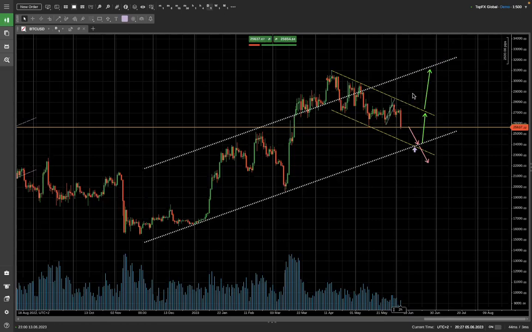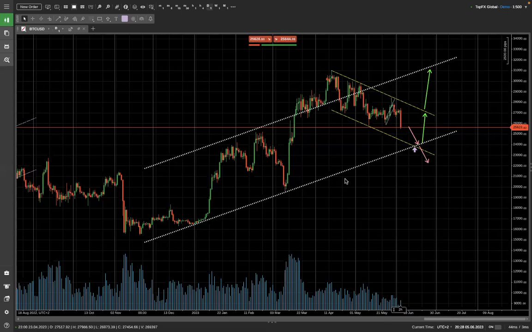So this is how you use the equidistant price channel as a source of technical support, technical resistance for the prices. The channel can move to the upside, then it is considered the ascending channel. The channel can move to the downside, then it's considered the descending channel, or it can be a horizontal channel.